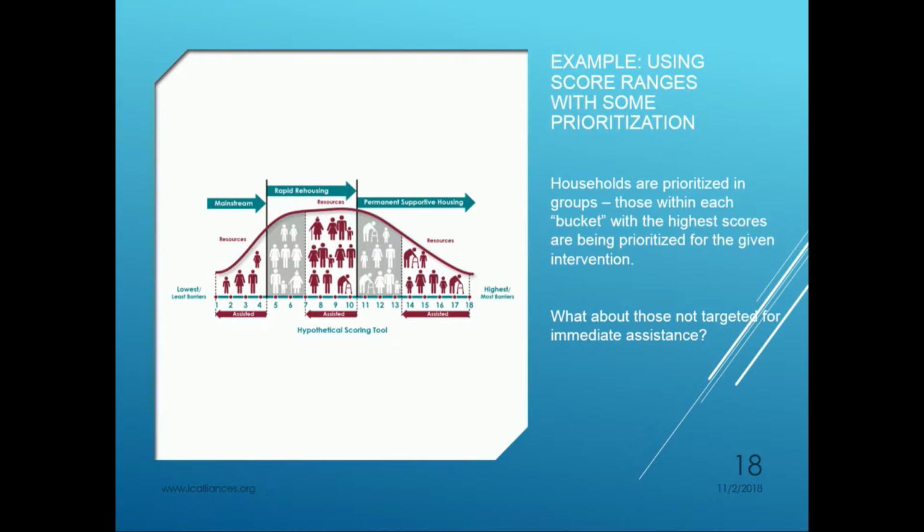So while a household that has a score of 12 has a higher score, which would indicate a higher level of vulnerability than a household scoring an 8 or a 9, the household with the 8 or a 9 is getting housed quicker because they're prioritized first for the housing bucket intervention that they are in. So the household with the score of 12 disappears, maybe self-resolves, or waits on the list until their score becomes a 14 to 18 because they're more vulnerable.